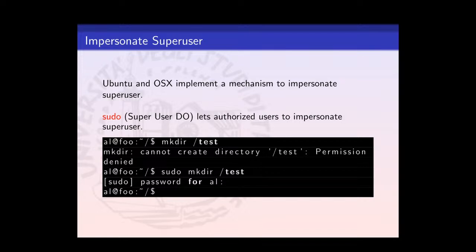And in that case, you are able to do it. You are able to accomplish the goal to create your directory. Okay? So the sudo command is meant to allow you to execute operations which are exclusively allowed to super user.